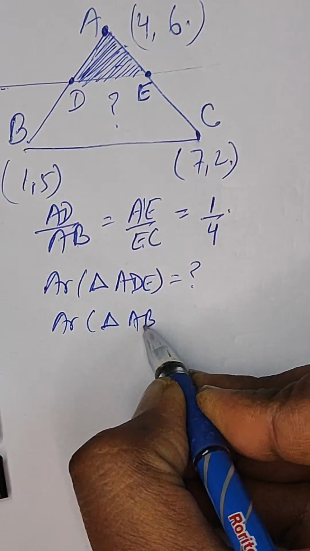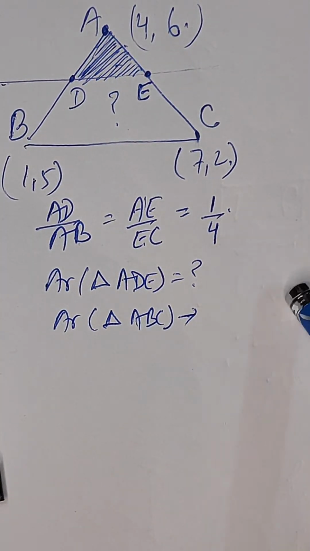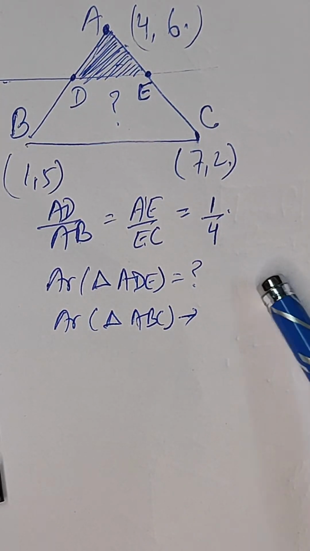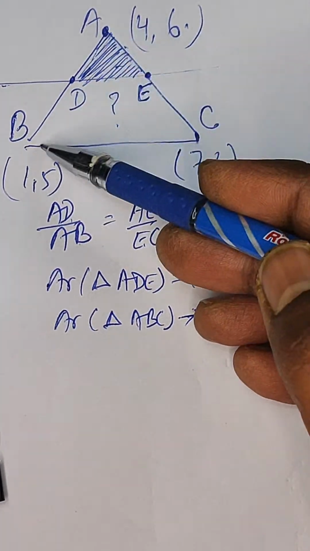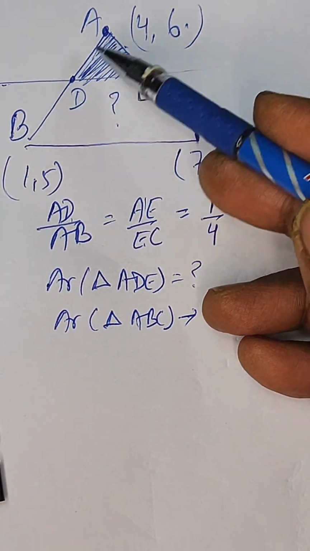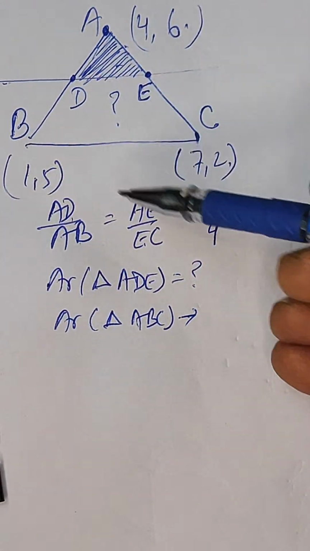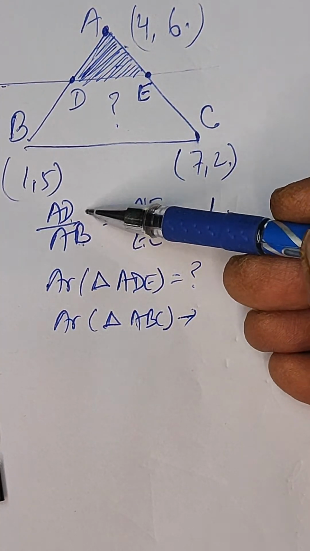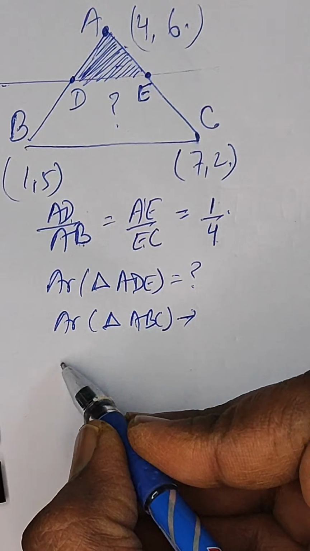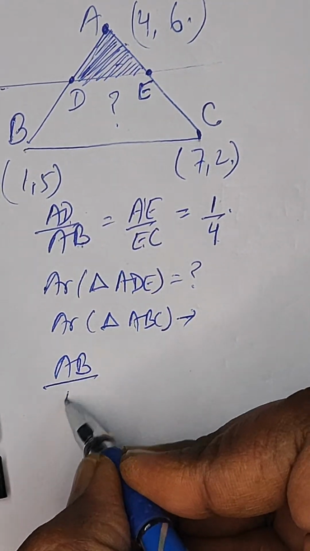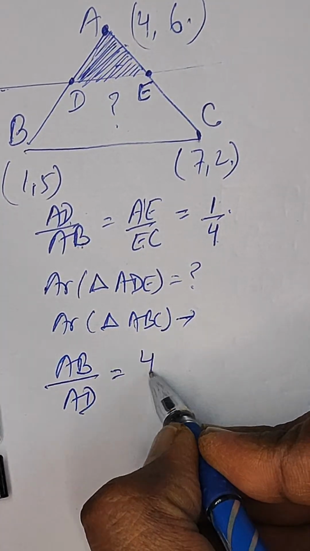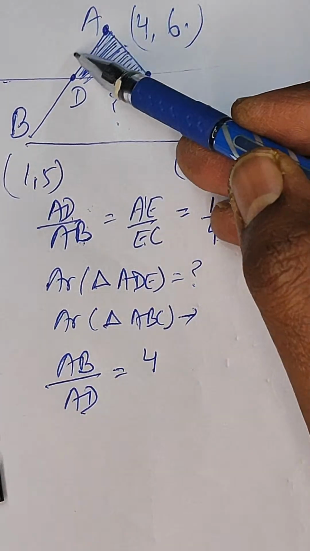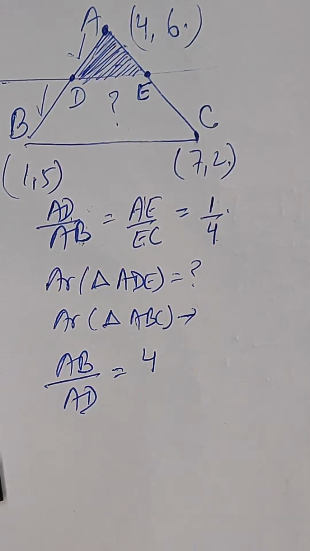So if such questions are here with you, then if AD to AB is given to you, and AD to AB is 1 is to 4, can we write that AB to AD is 4 is to 1, isn't it? We have just reversed it. And AB can be written as AD plus BD, right?